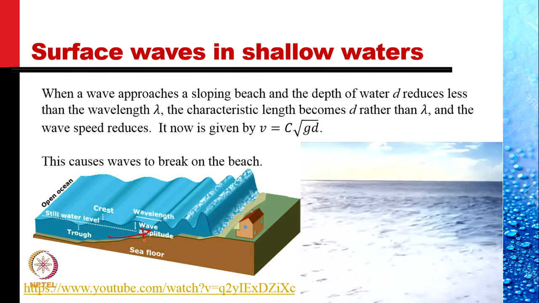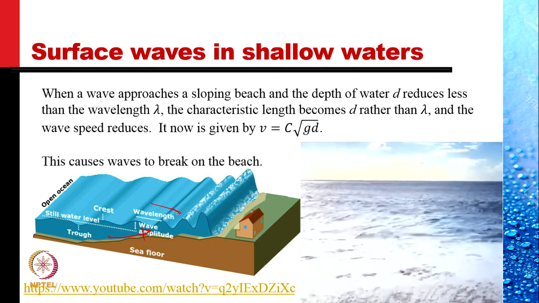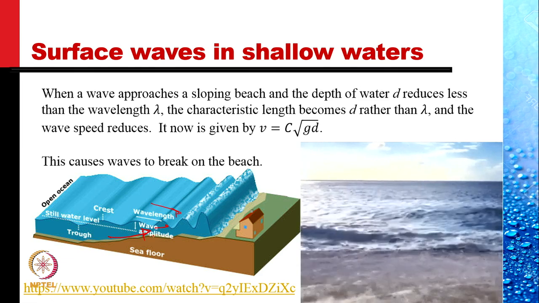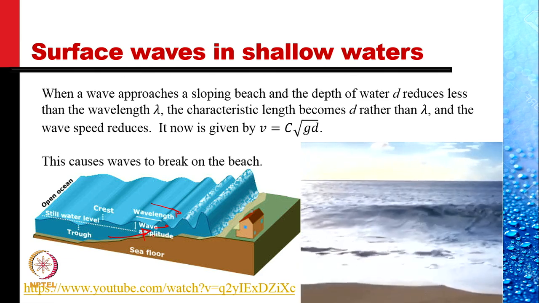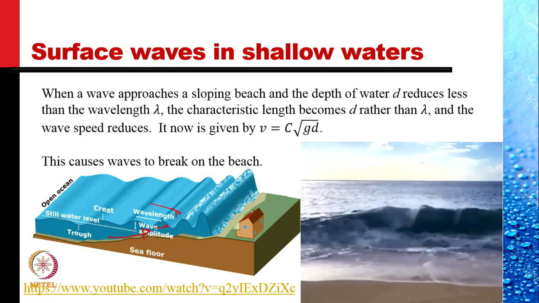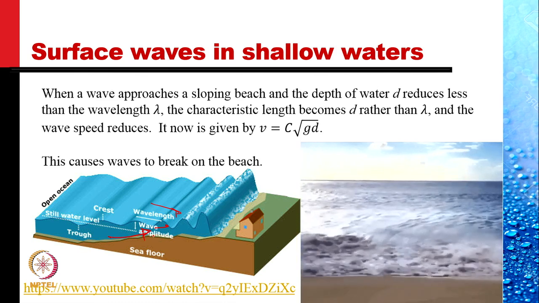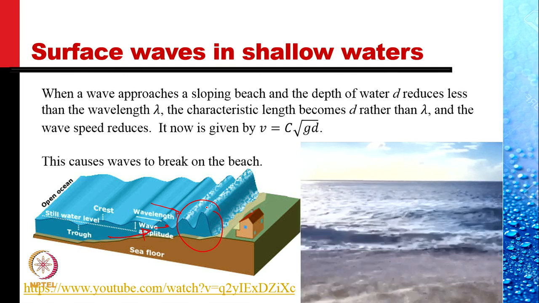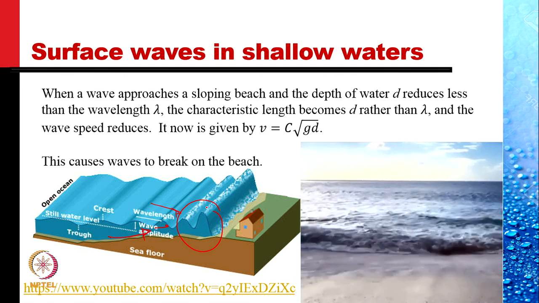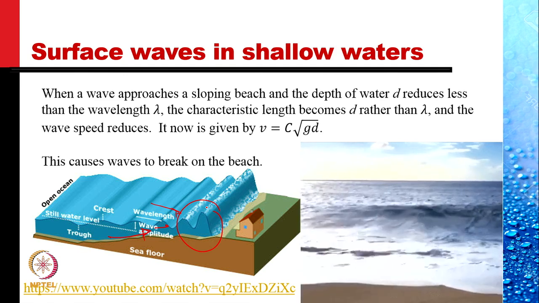The wave velocity on the top is larger than the wave velocity at the bottom. So there is a bunching of the liquid and the waves rise, causing the phenomenon of breaking of waves on the beach.